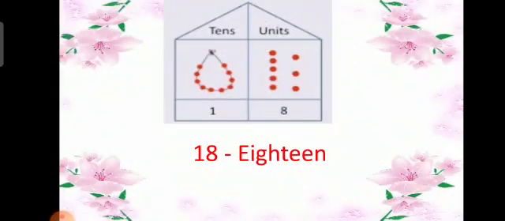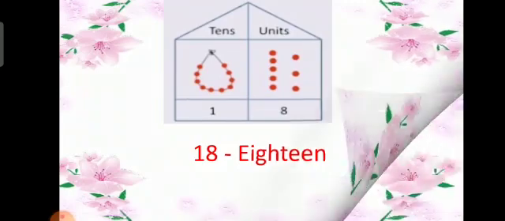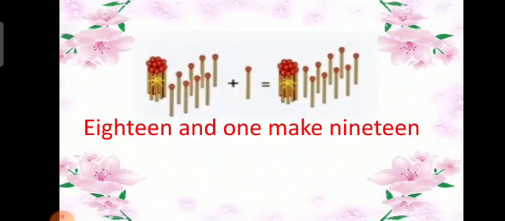Houses of ten and units, we are going to draw one string and 8 single beads. One string means 10 beads and 8 single beads together make 18. What is the spelling of 18? EIGHTEEN. 18.